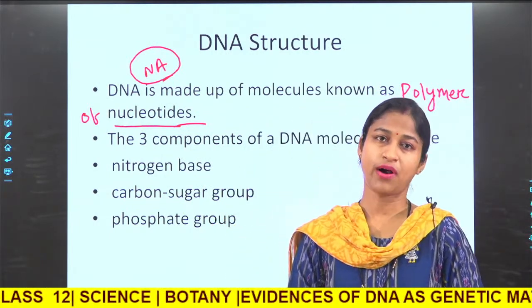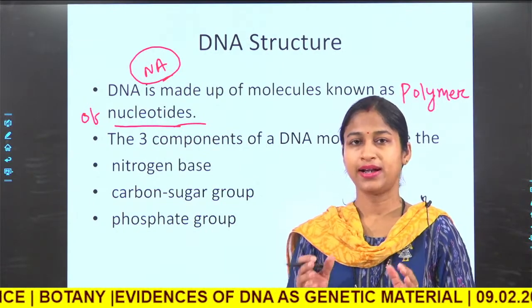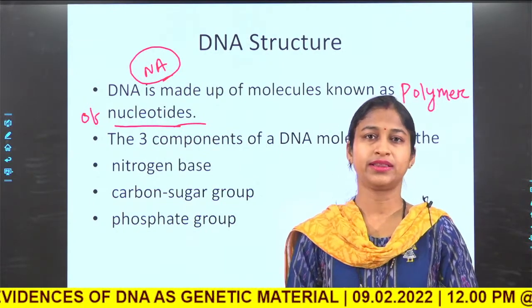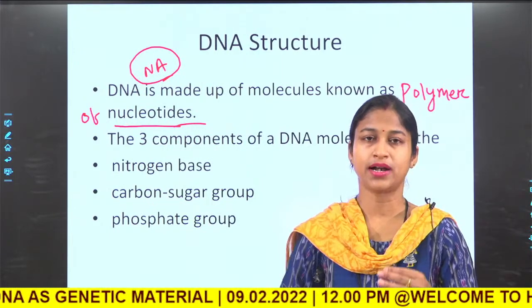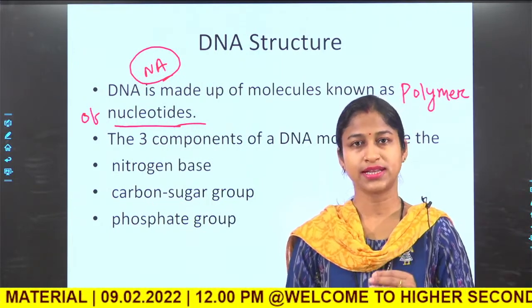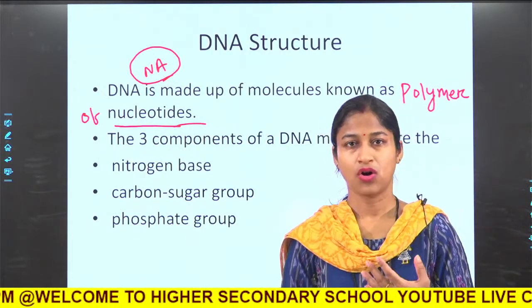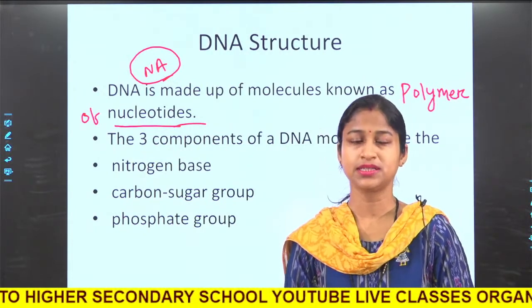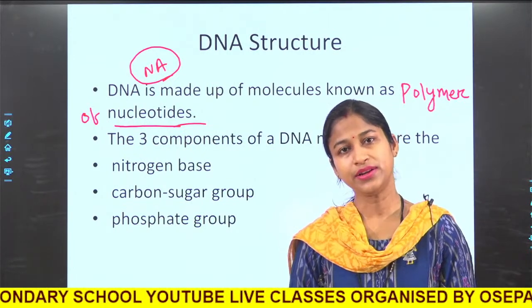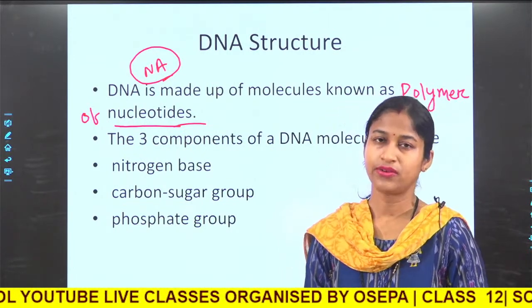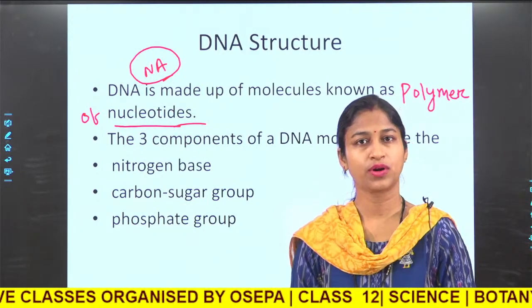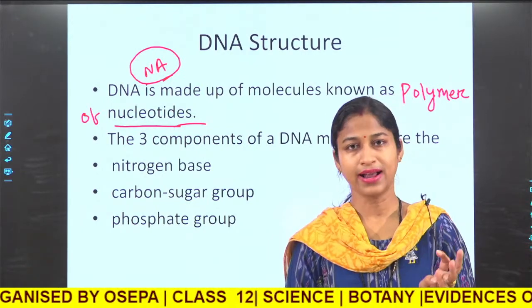Why? Because they are found inside the nucleus, and at pH 7 they act as an acid. That means at pH 7 they furnish H plus ions into the solution. That is why they show acidic properties, and as they were discovered inside the nucleus, they are called nucleic acids, both DNA and RNA.